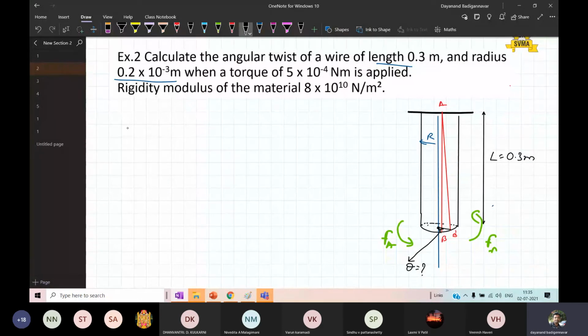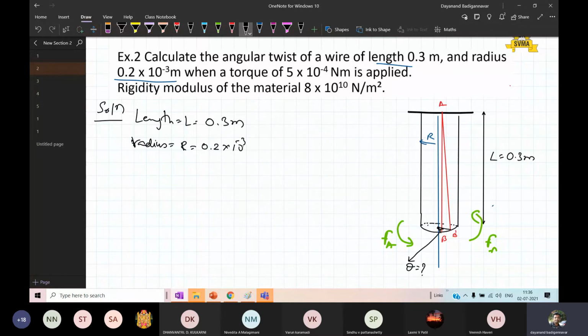So first you write the information. What is the length of the wire? Length is 0.3 meters. Radius of the wire, capital R, is equal to 0.2 into 10 to the power of minus 3 meters.